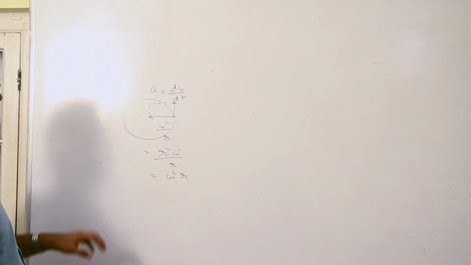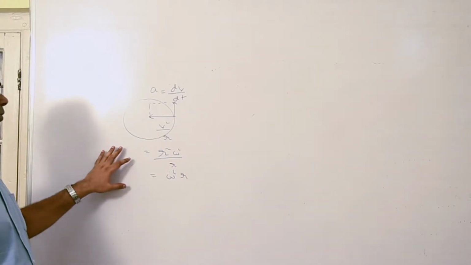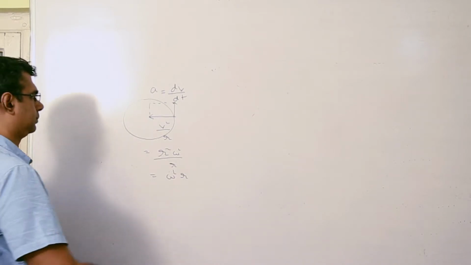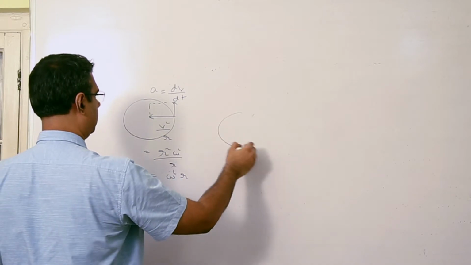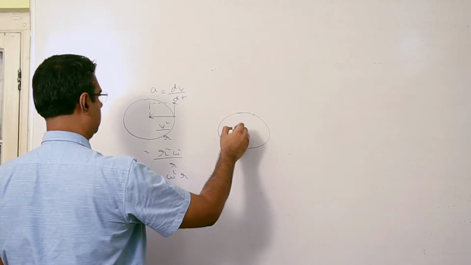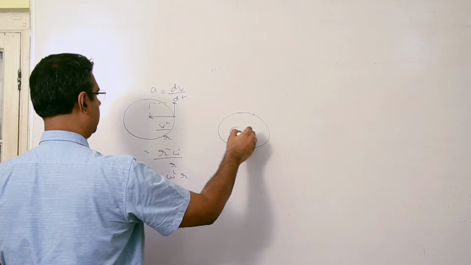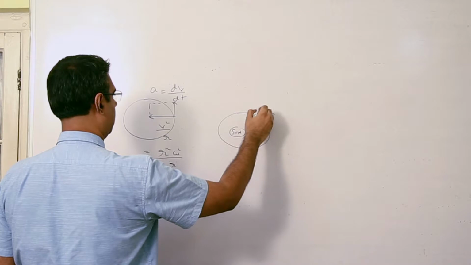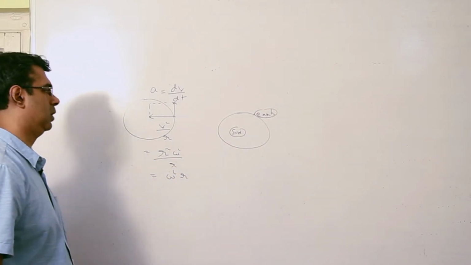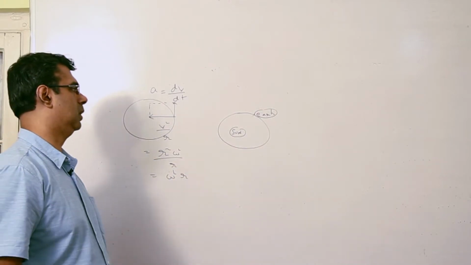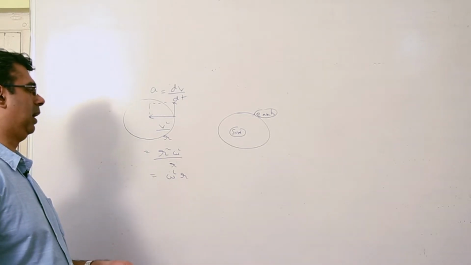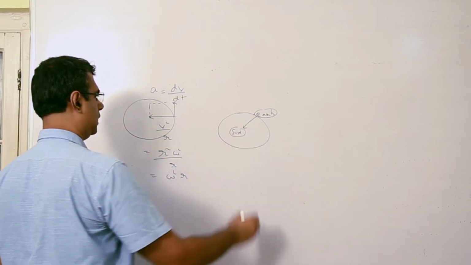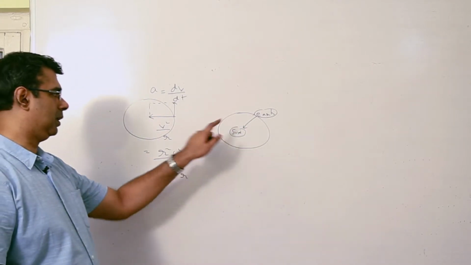One important thing about centripetal force is that whenever you have any circular motion, if we consider the motion of the earth around the sun as circular motion, any circular motion must necessarily have a centripetal force. So if we consider the motion of the earth around the sun, it is an orbital motion.